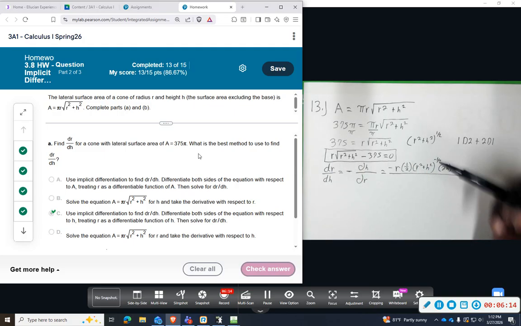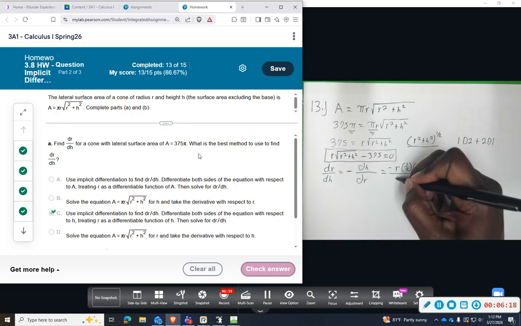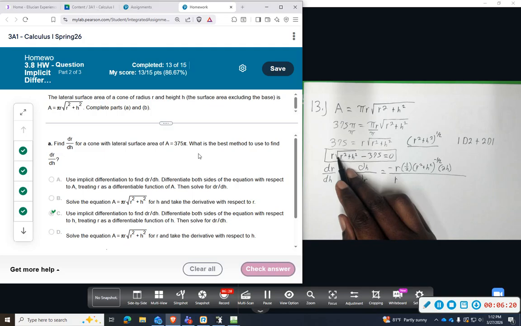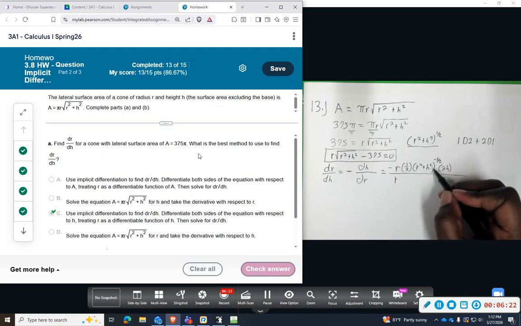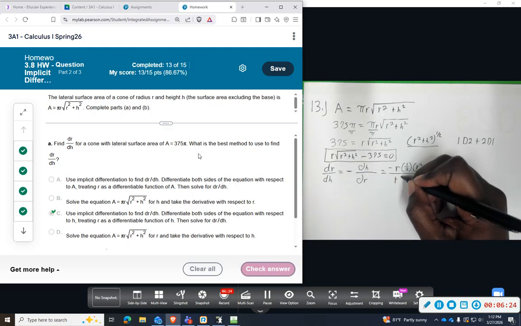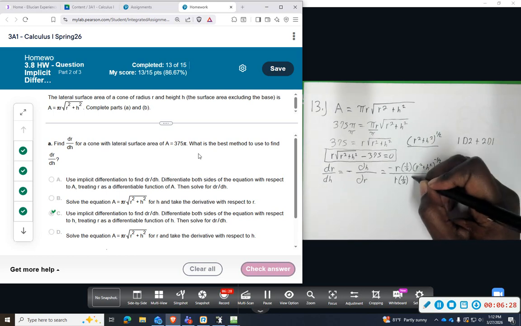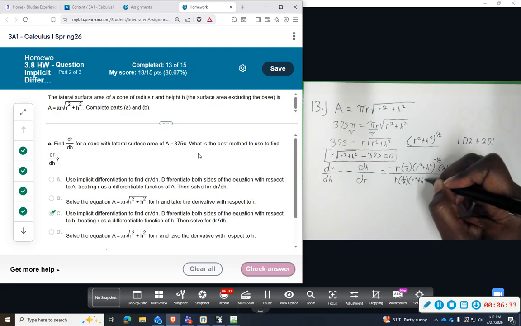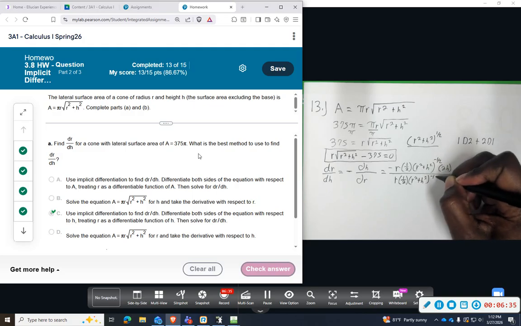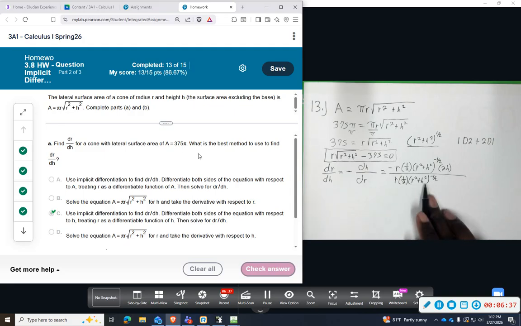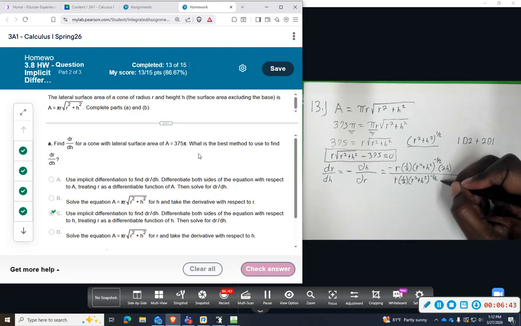So the first is just r. The derivative of the second, we've done up here, so it's 1/2, leave the inside alone, r squared plus h squared raised to the negative 1/2. Then you do the derivative of the inside. The derivative of r squared is going to be times 2r.